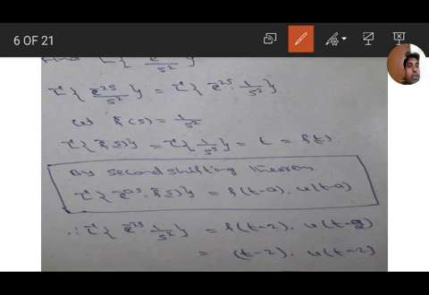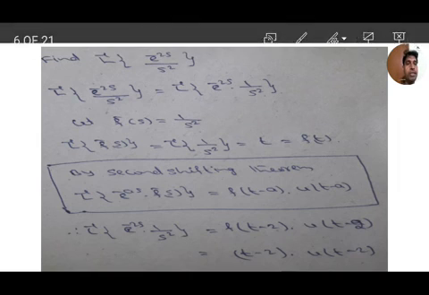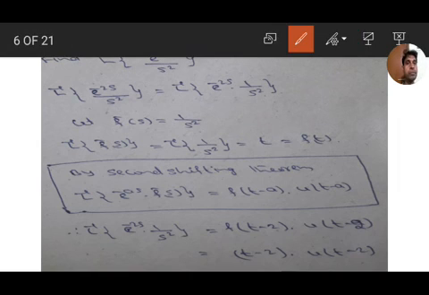Okay, I will explain once again. Find L inverse of e to the power of minus 2s by s square. That can be written as L inverse of e to the power of minus 2s into 1 by s square.